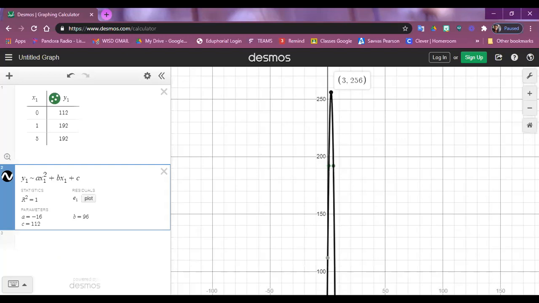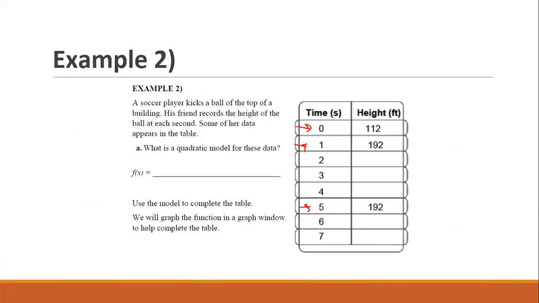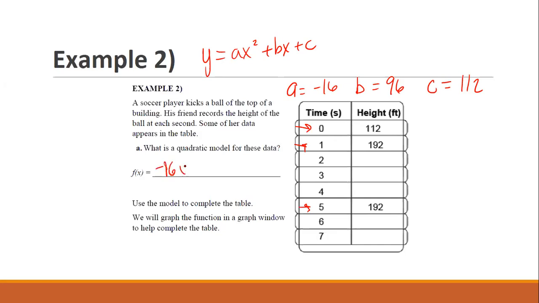So when I write my equation, I have all the values I need. Remember, we're in standard form, y equals ax squared plus bx plus c. So that gives us negative 16x squared plus 96x plus 112.